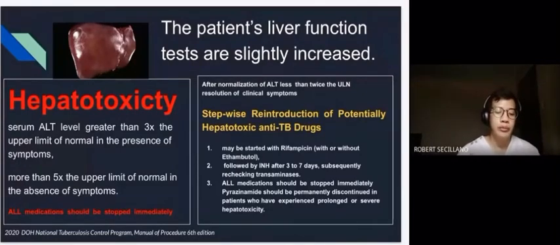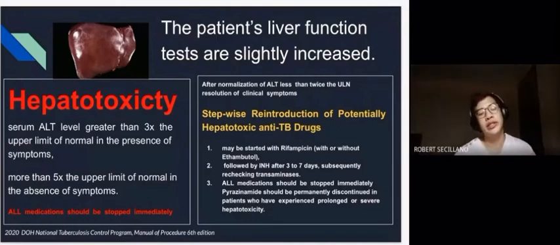But here, we may start with rifampicin with or without ethambutol, followed by INH after 3 to 7 days, subsequently rechecking the enzymes or transaminases. Then, if it recurs, all medication should be stopped immediately. Pyrazinamide should be permanently discontinued because pyrazinamide is the most hepatotoxic among the first-line TB drugs.